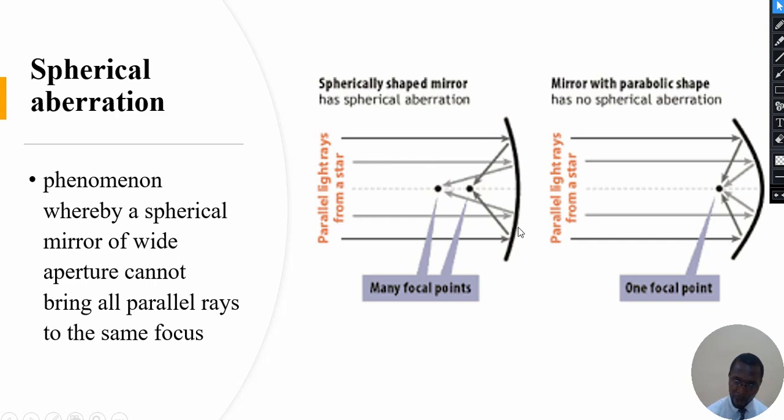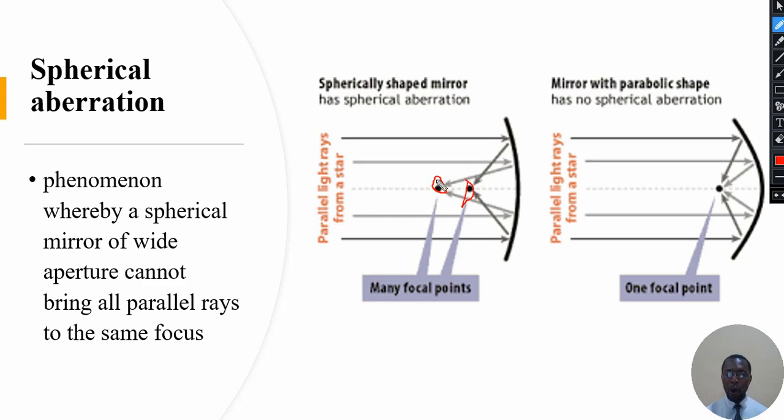Look at this concave mirror, a type of spherical mirror. Now, when the light ray from the star strikes the reflecting surface, the reflected rays, you could see they are not meeting at a point. Some met at this point here, okay, while some other reflected ray met at this point.